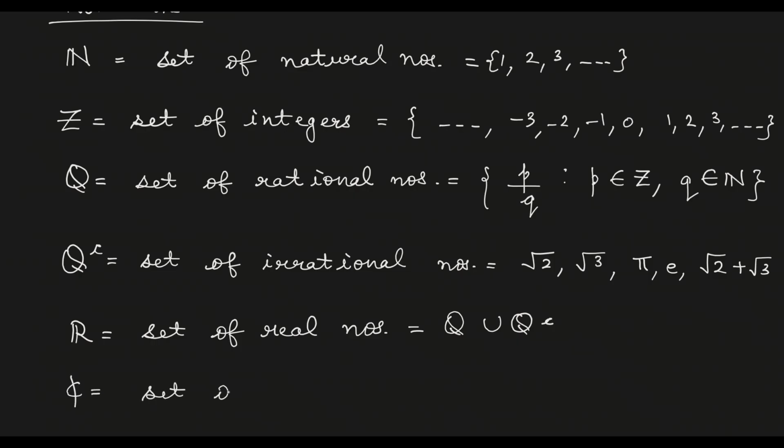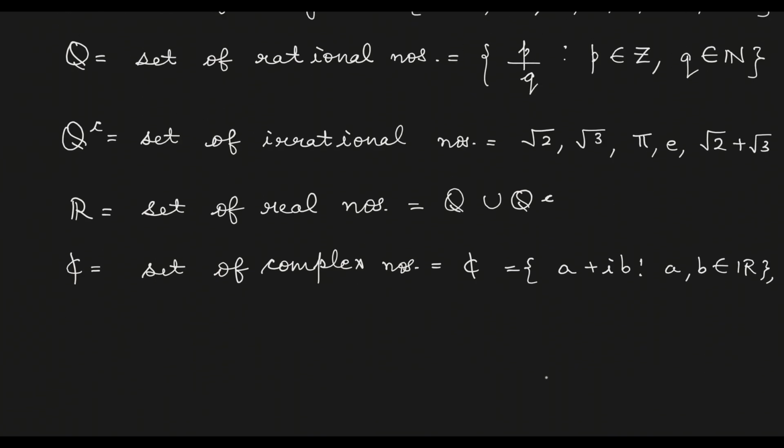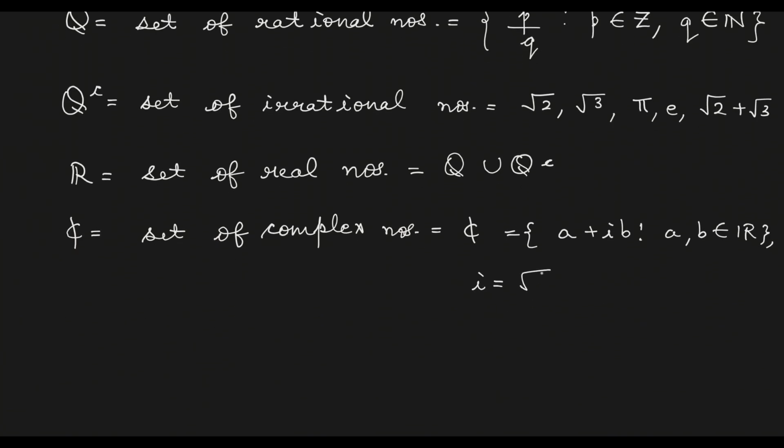The set of complex numbers: a plus iota b such that a, b belongs to real numbers and iota is known as root minus 1. Next, Z[iota]. This is the set of Gaussian integers.